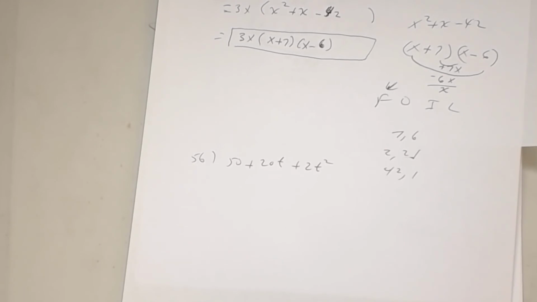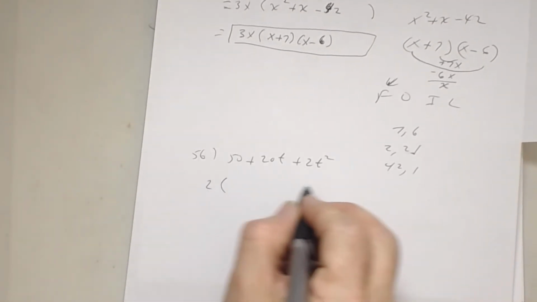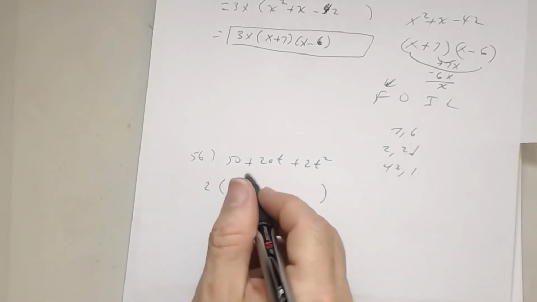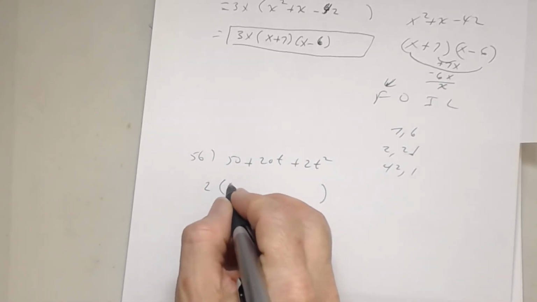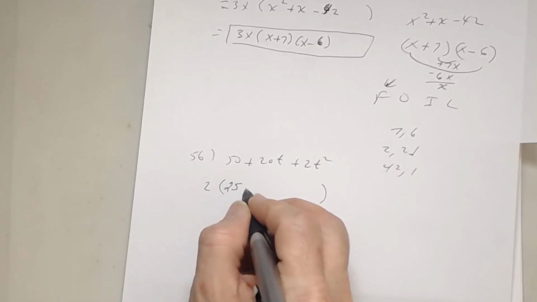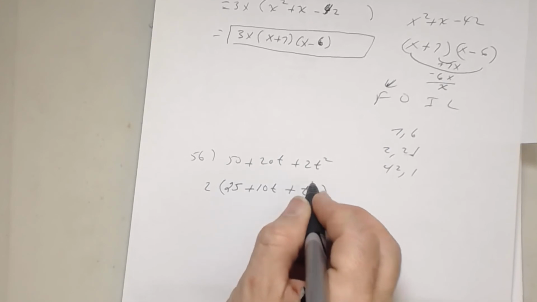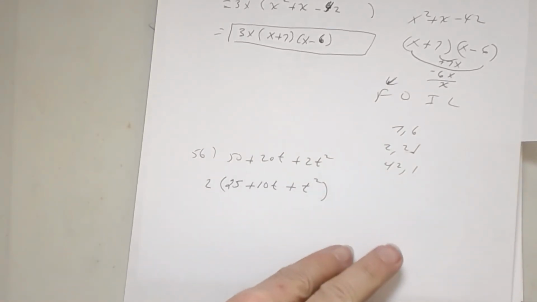All right, what's your GCF? 2. Now you could have written it in descending order, but if you leave it like it is, it'll be 2 times 25 plus 10t plus t squared.